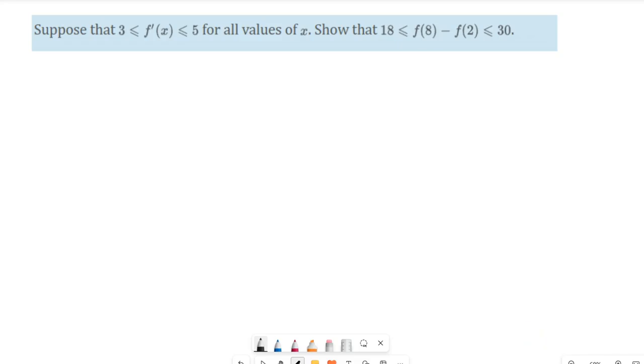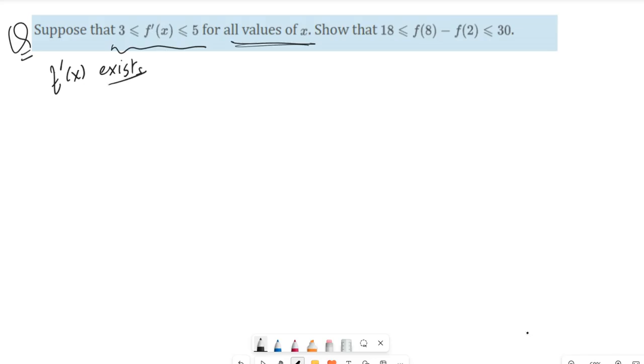Here is another application like that. The question is, suppose f prime x is between 3 and 5. When they are claiming that f prime x exists between 3 and 5 for all values of x, that means f prime exists first of all, right?